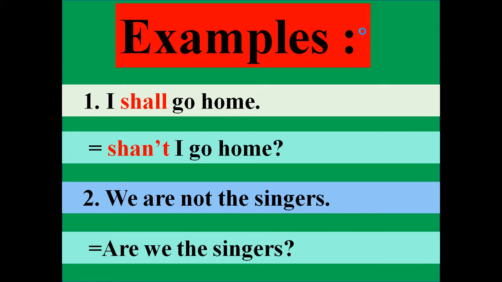Are is used or written at first of the sentence. So the interrogative is, are we the singers? Here is no not, because not is already used in the example sentence.